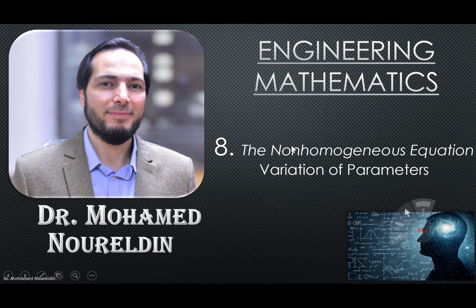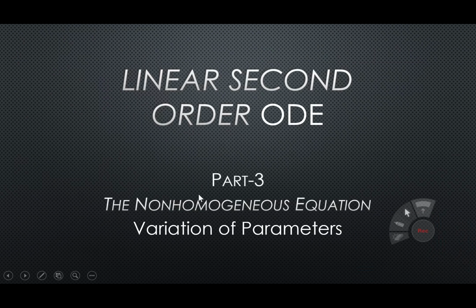We are going to talk today about the non-homogeneous equation, and we're going to talk about the variation of parameters. This is the case that we are going to talk about for today. Okay, so again, to highlight the main important parts in the title of our video, today we are going to talk about the non-homogeneous.